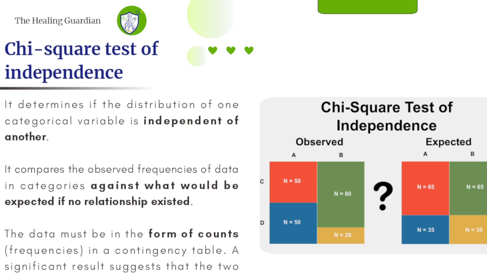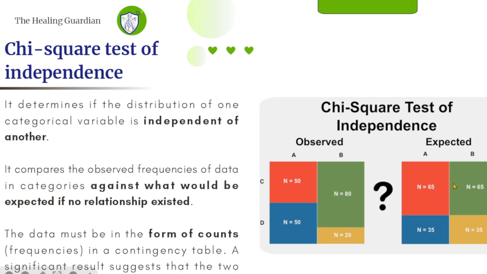Chi-square test of independence. There we are testing between two variables which are independent of one another. In the chi-square goodness of fit test, you have one variable comparing it with past data. But now here we are looking at two variables. So you have one table and another, and though the concept will remain the same, the calculation differs.